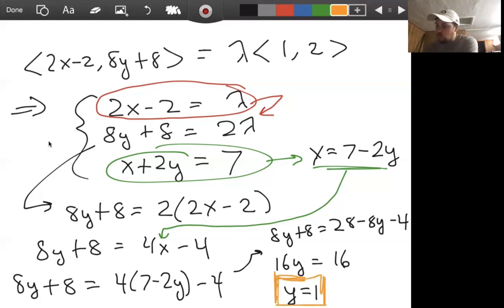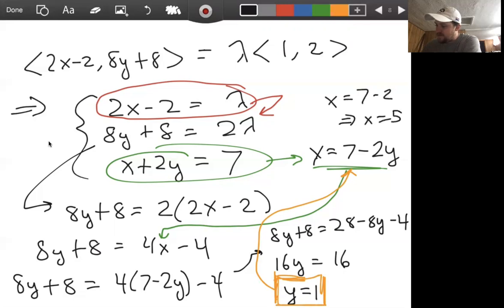Okay, so when y equals 1, we can back substitute because we know x equals 7 minus 2y, which tells me that x equals 7 minus 2, so x is 5, right? And we found values for x and y without having to solve explicitly for lambda, which is totally fine.